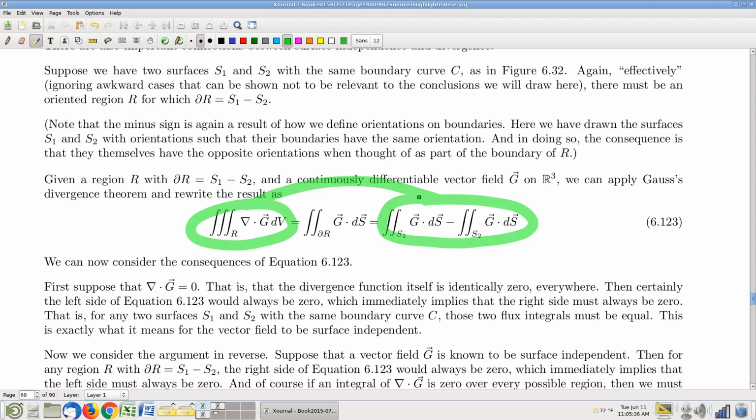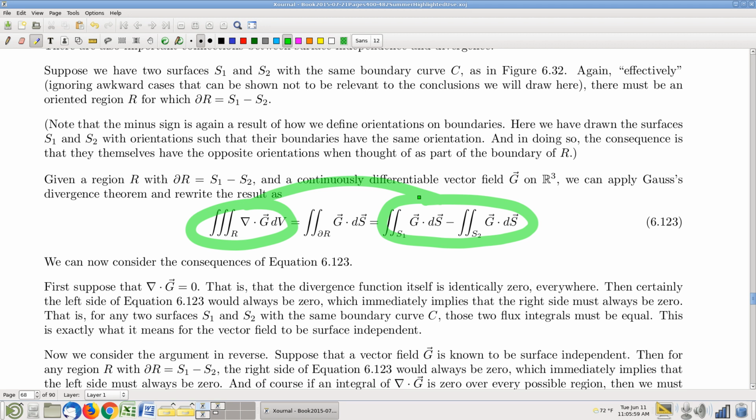Let's think through the cases. What happens if the divergence is zero? Well, if the divergence is zero, then this triple integral is zero, which means this difference is zero, which means these two fluxes are equal, which, suitably interpreted, means that this vector field G is surface independent.